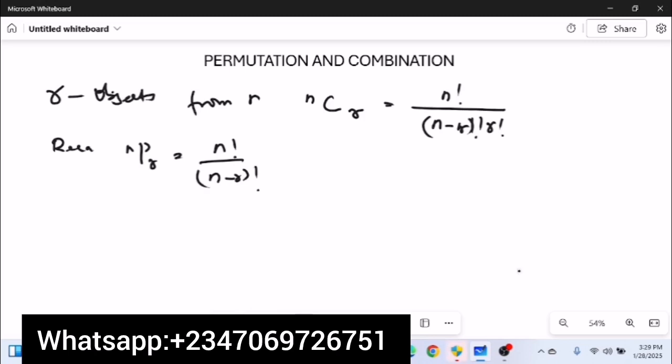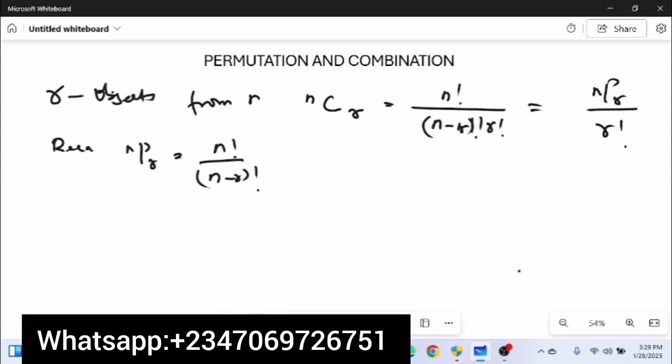So you see that in the formula of combination, we have n factorial all over n minus r factorial, r factorial. So this means that combination can also be defined as n permutation r all over r factorial.